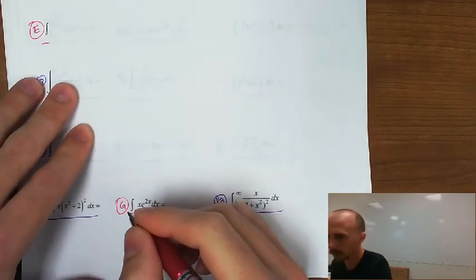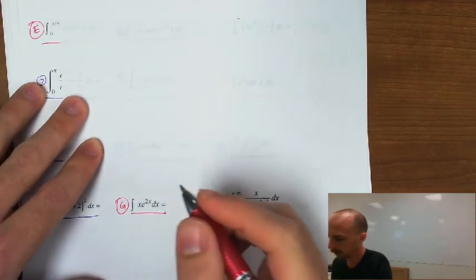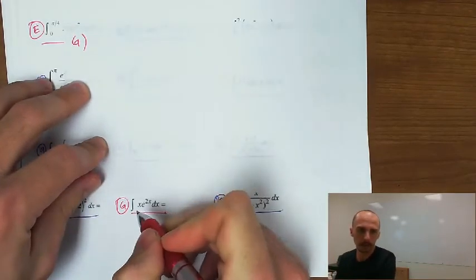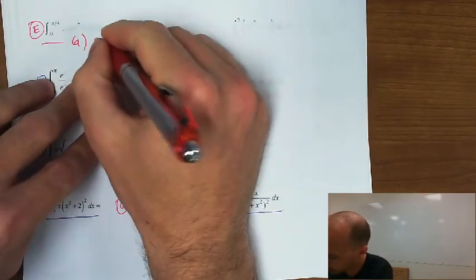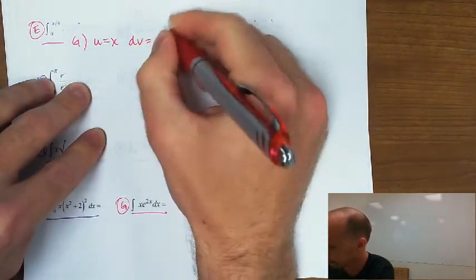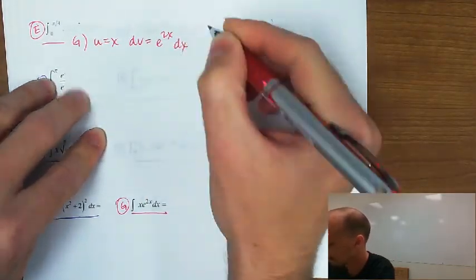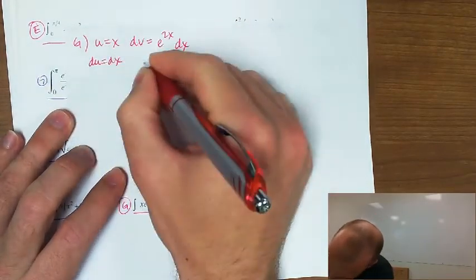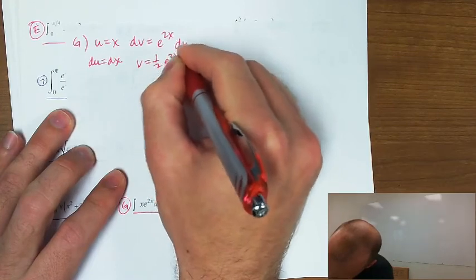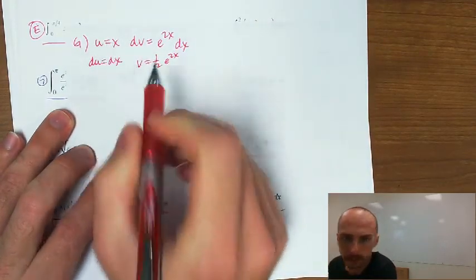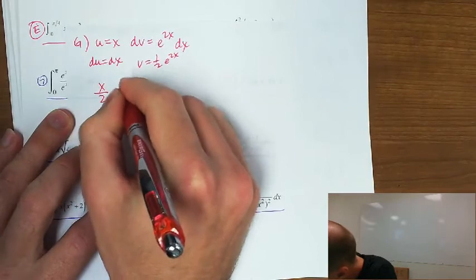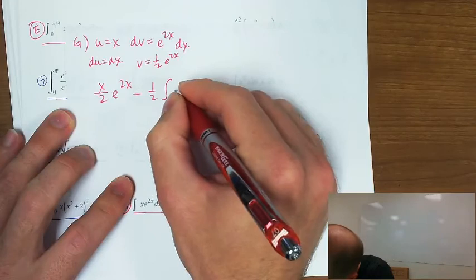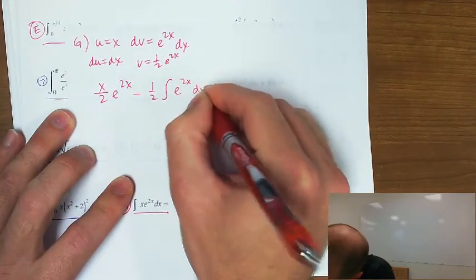Call that one g, and so I'm going to let u be x and dv equal e to the 2x. uv minus the integral of v du.